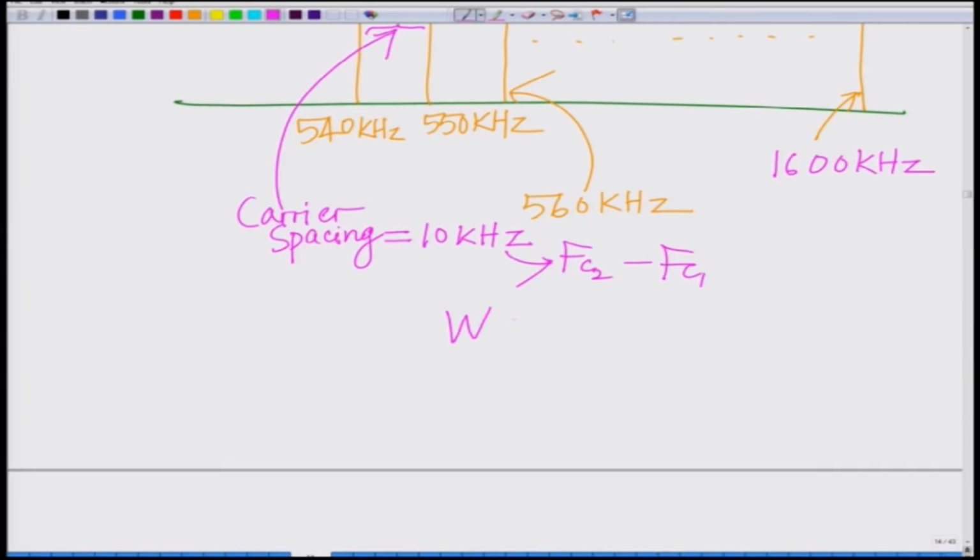However, the message bandwidth W is typically around 15 kilohertz, which is greater than the carrier spacing. This means that two adjacent carriers with only 10 kilohertz separation cannot be used for frequency division multiplexing in the same area.